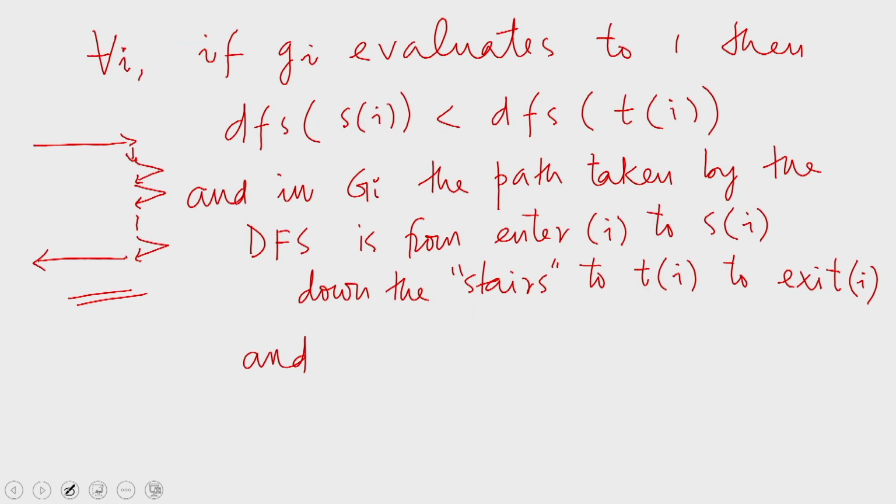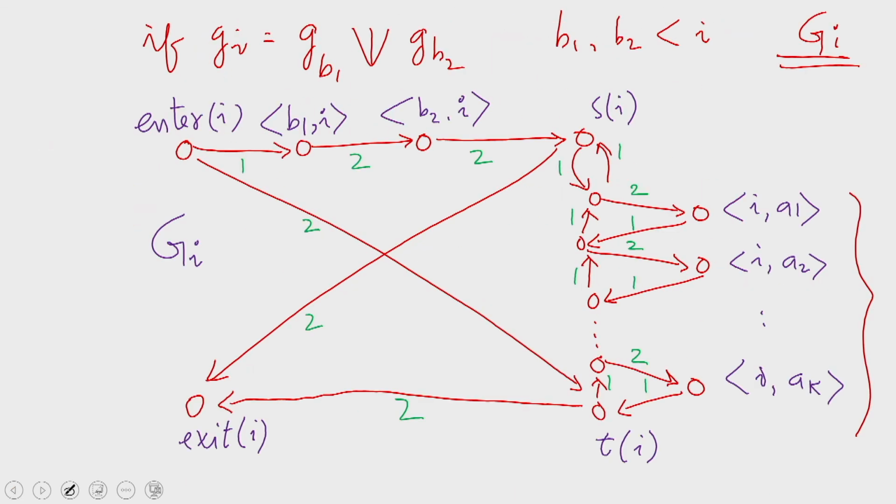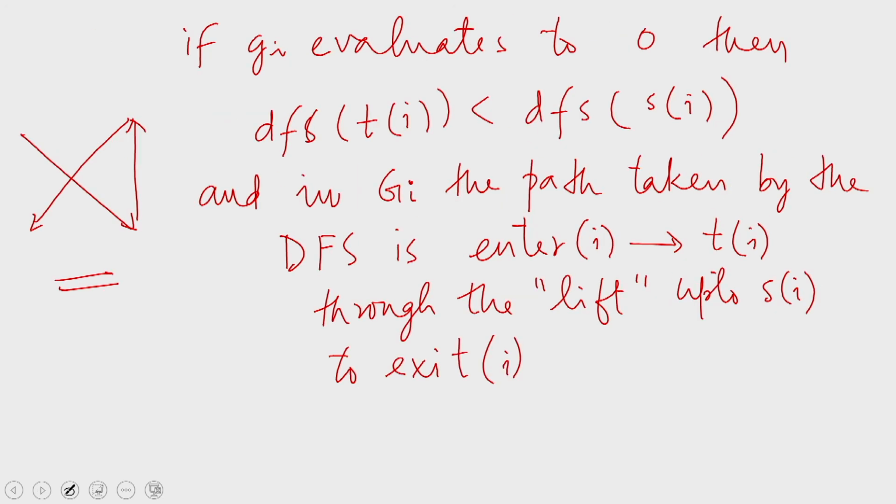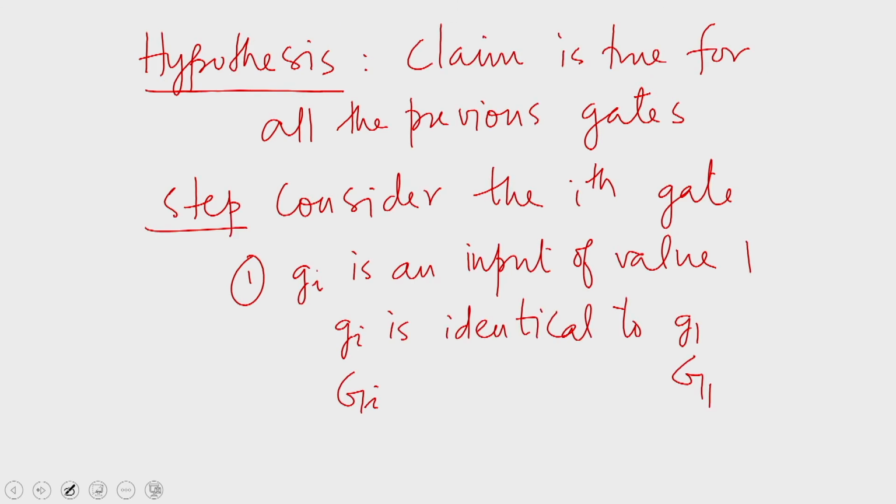Once the claim is true, we can apply the claim to Gn. Therefore, we find that in Gn, vertex Sn is visited before vertex Tn precisely when gate Gn evaluates to 1. Now, that is precisely what our problem was with NOR CVP. We were given the circuit and we wanted to check whether Gn evaluates to 1 or not.